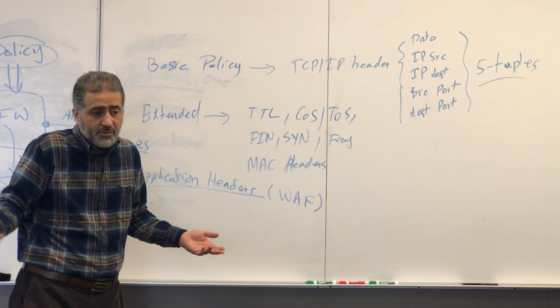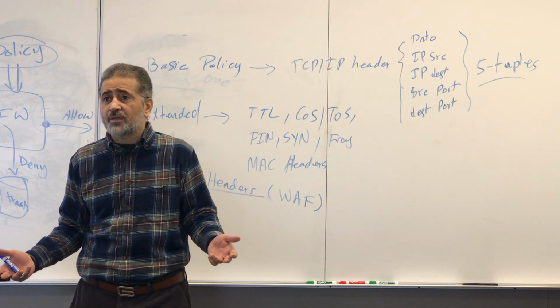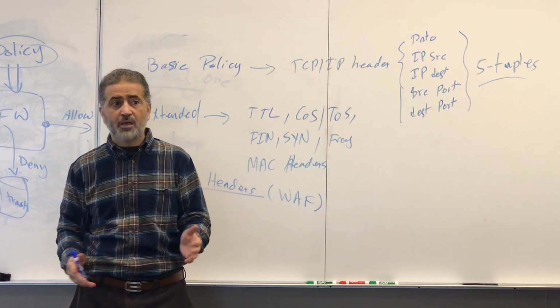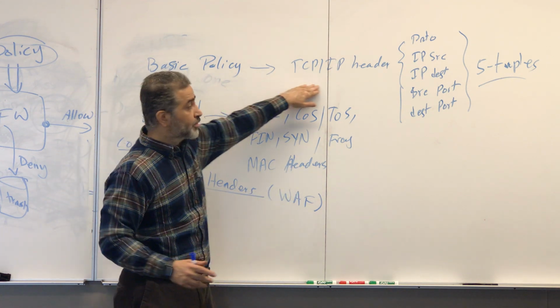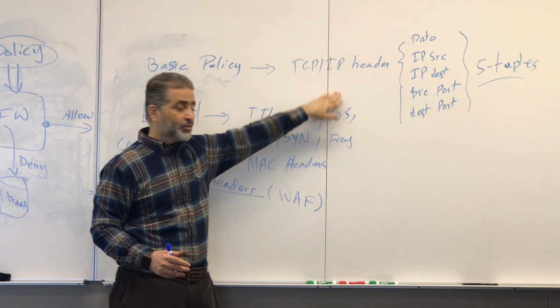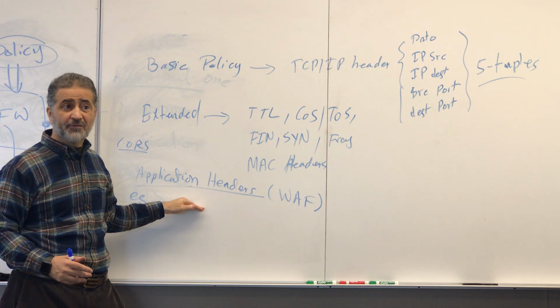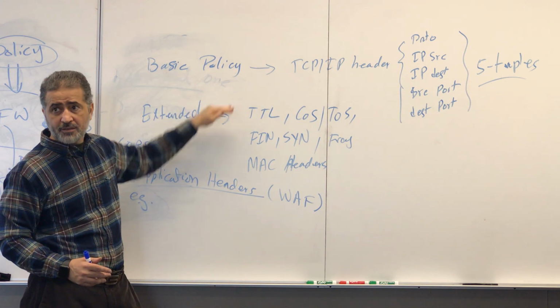You have the control. This is your enterprise. You don't want them to look at the stock market on CNN, but they can look at the news. How can you discriminate between these two? You cannot by looking at the TCP/IP header, because they both are going to CNN. So you can only do this here. This gives you fine-grained control. They call it fine-grained filtering. This is coarse-grained, this is fine-grained.